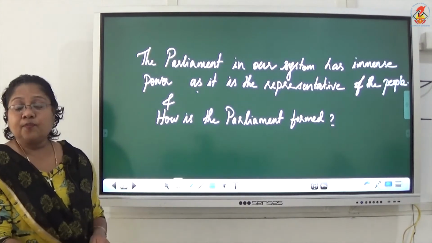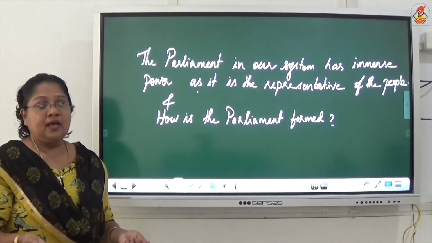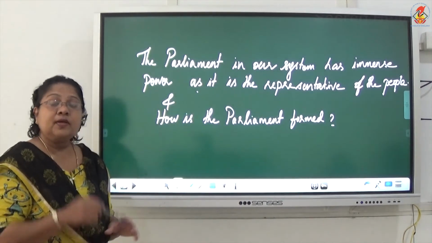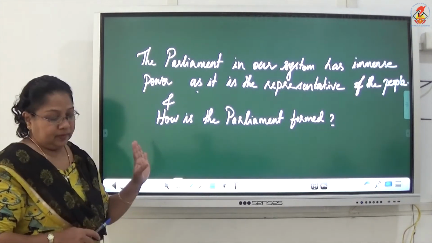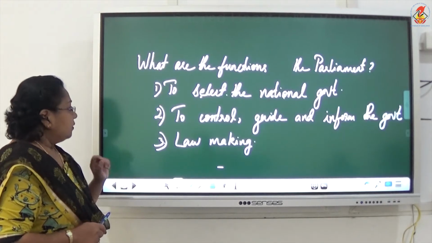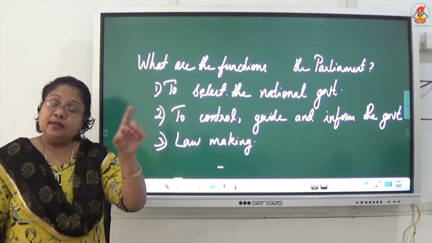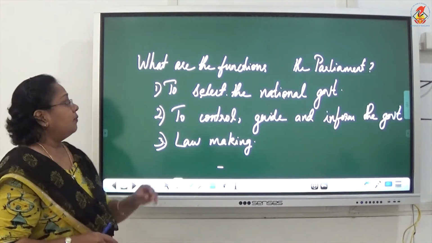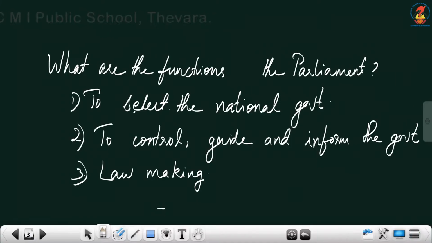These members of parliament will come from different political parties and together will form the parliament, that is the law making body at the center. The parliament is selected for a period of 5 years, that is the tenure of the parliament.